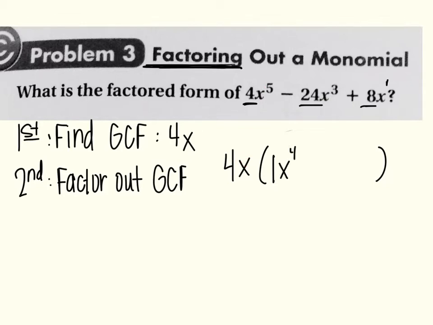X to the 4th. What's 24 divided by 4? 6. X to the 3rd divided by x. X squared. What's 8 divided by 4? 2. X divided by x cancels everything out, so it's just x to the 4th minus 6x squared plus 2.